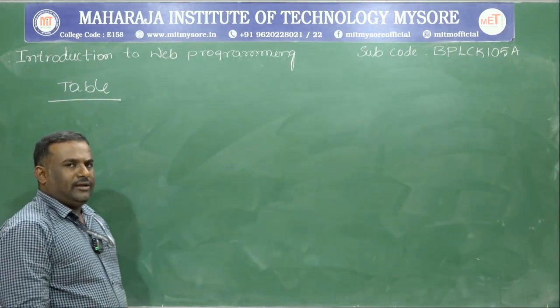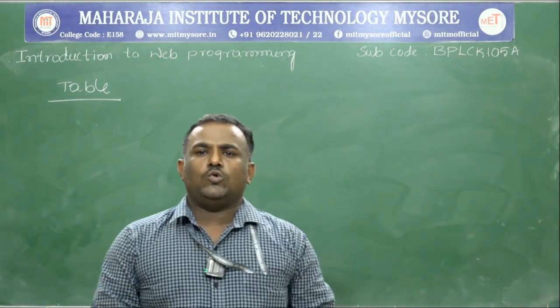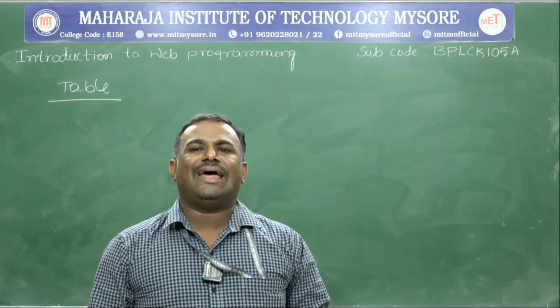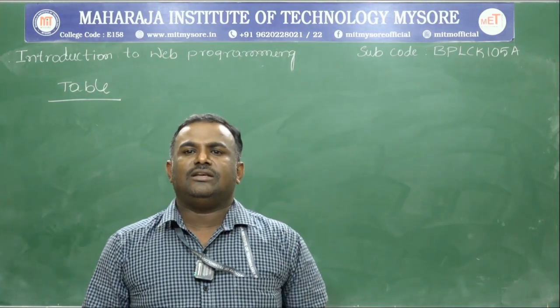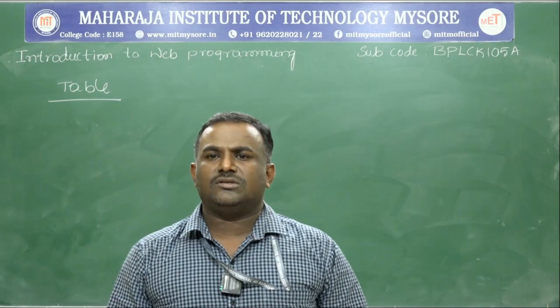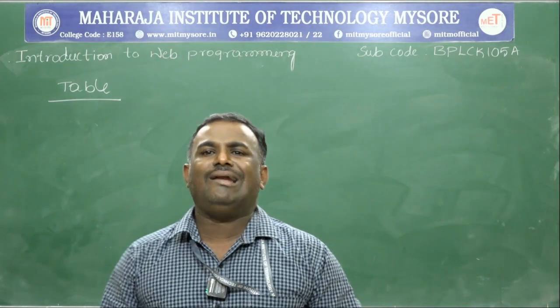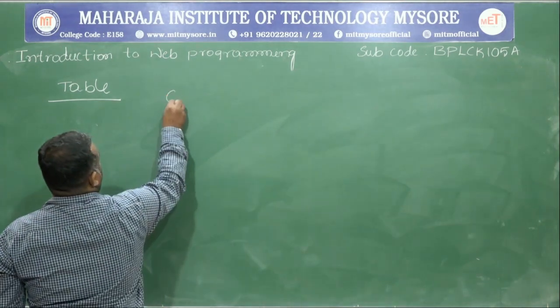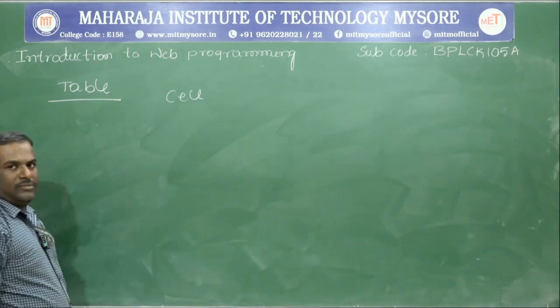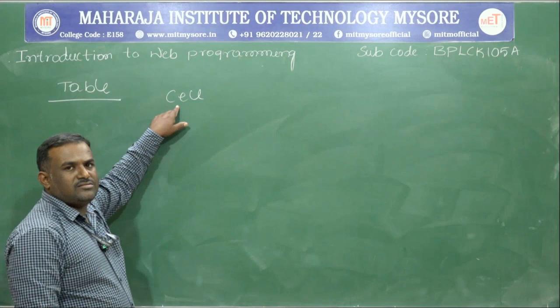A table is nothing but data represented in the form of rows and columns. A table is a matrix of rows and columns, and the intersection of the rows and columns is called a cell.